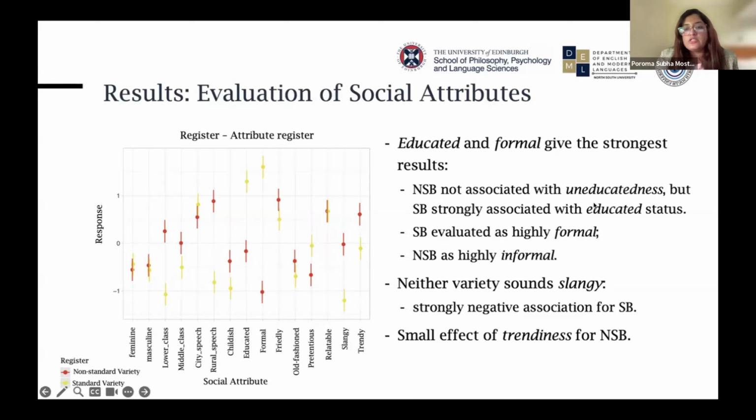And we see a very different picture for the non-standard variety, and probably this is one of the reasons why parents are attributing it to being the thing that they're using in their early childhood.